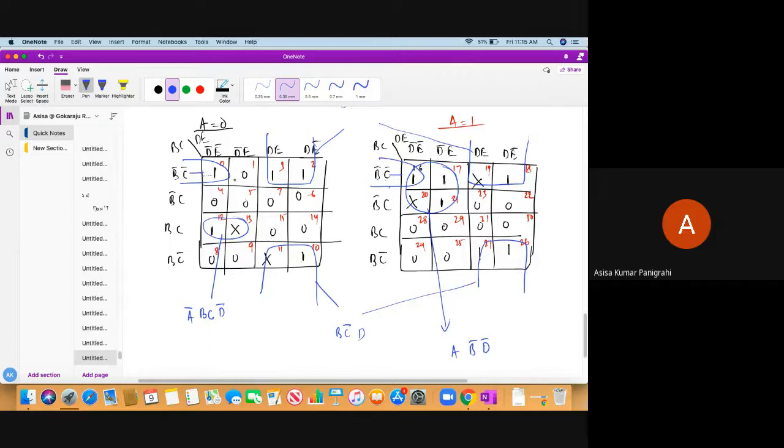The common here, students, is C bar. So what we have done here, we have made another mistake. We have to do this also. These two are four actually. For this, what we have got is B bar, C bar, E bar. So finally, we have here B bar, C bar.